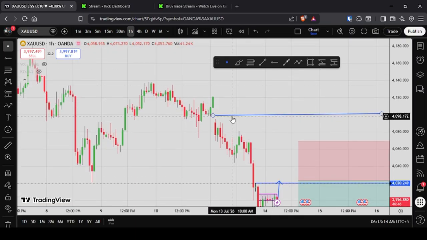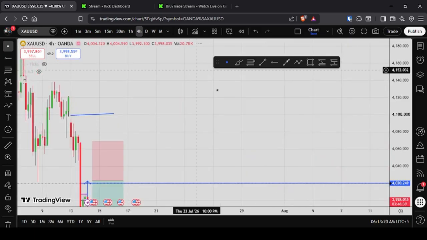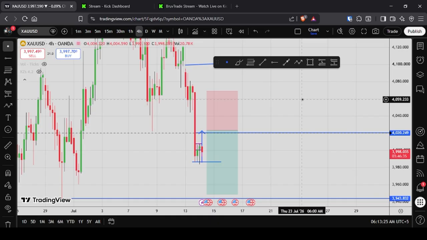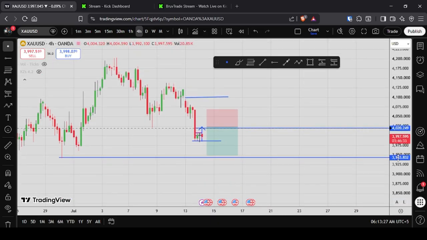Yes, but the main reason is that there is an extremely high amount of selling pressure. As you can see, this is an extremely big candle. It is like a dagger stab in your back.